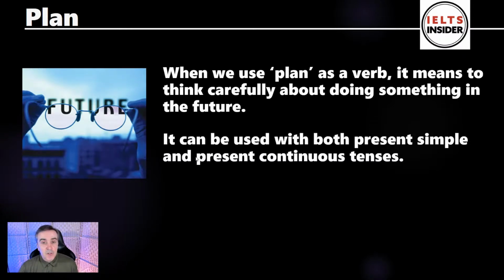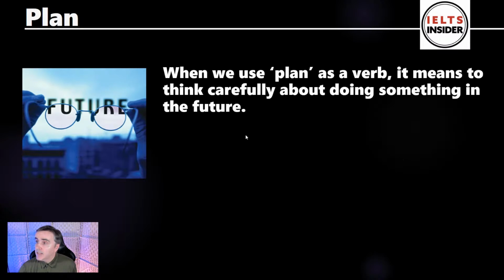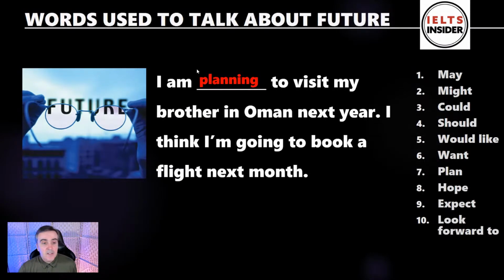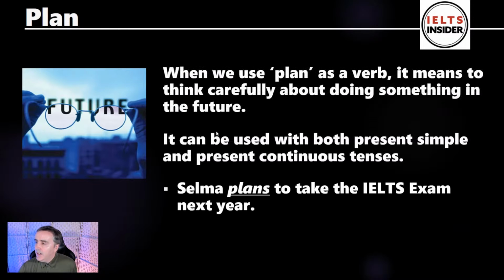And it can be used with both present simple and present continuous tenses. In my example here, this is a present continuous sentence. I am planning. Again, Selma plans to take the IELTS exam next year. It's something she is thinking carefully about just now.